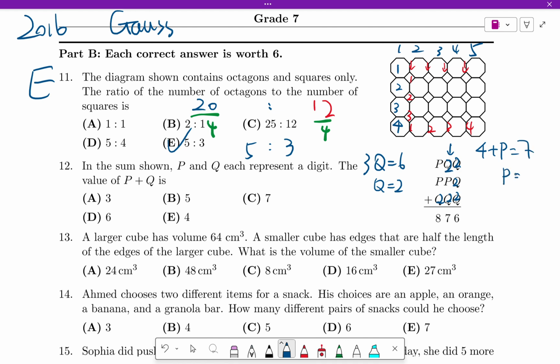So P is equal to 3. And if we check with the 100th digit, 3 plus 3 plus 2 is indeed 8. So we have Q is equal to 2, P is equal to 3, so P plus Q would be equal to 3 plus 2, which is 5.